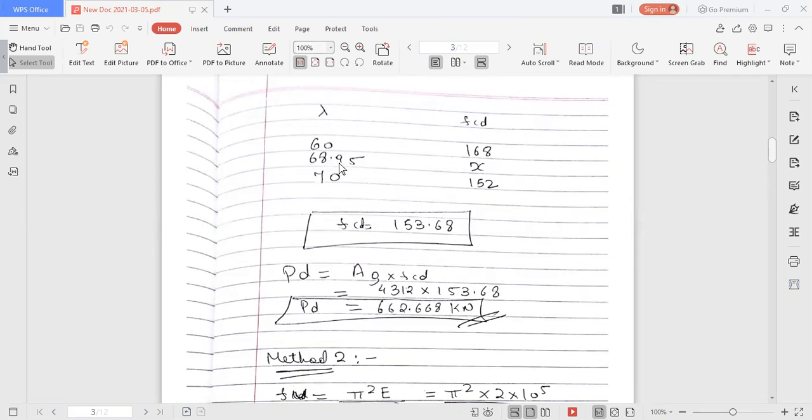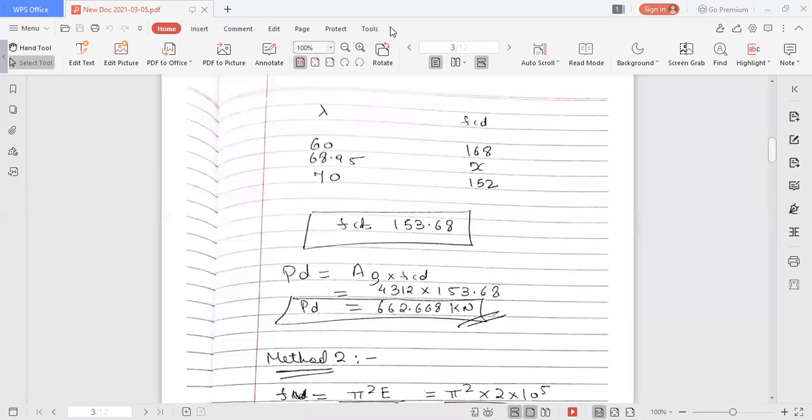Now you need to calculate the value for 68.95. जैसे आपको लास्ट स्टेप में स्लेंडरनेस रेशियो की वैल्यू 68.95 मिली थी, तो उसके लिए now you are going to calculate FCD by using the method of interpolation, same method that you had used in the morning. After calculating FCD you need to calculate the design compressive strength.